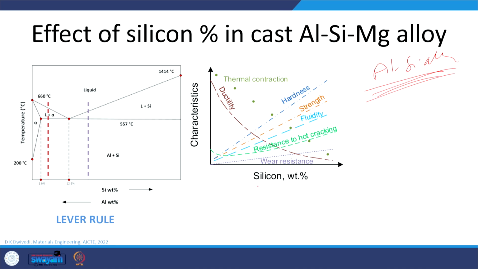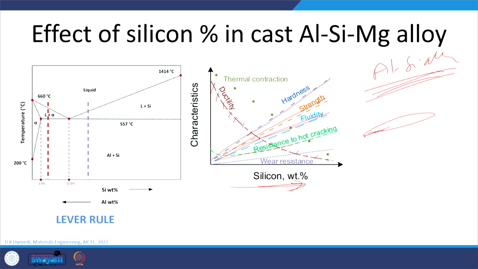If we look at the effect of silicon in aluminum and the characteristics of aluminum silicon alloys, with increasing silicon the ductility comes down very rapidly. This is due to the formation of needle shaped eutectic silicon, and silicon is hard and brittle. On the other hand, it increases hardness and strength, and improves fluidity.